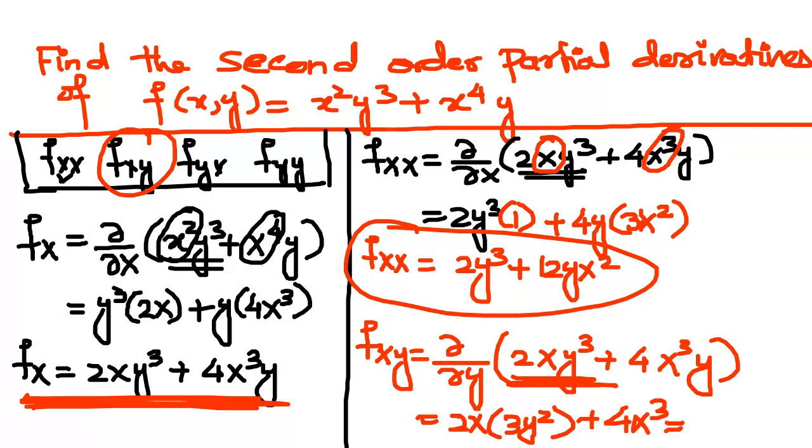So you can write 6xy square plus 4x power 3. Now, for the second to first, find f of y. Now you have to help me to solve this one.